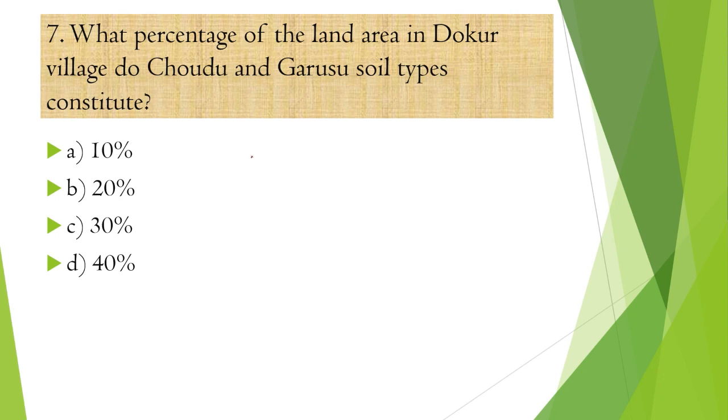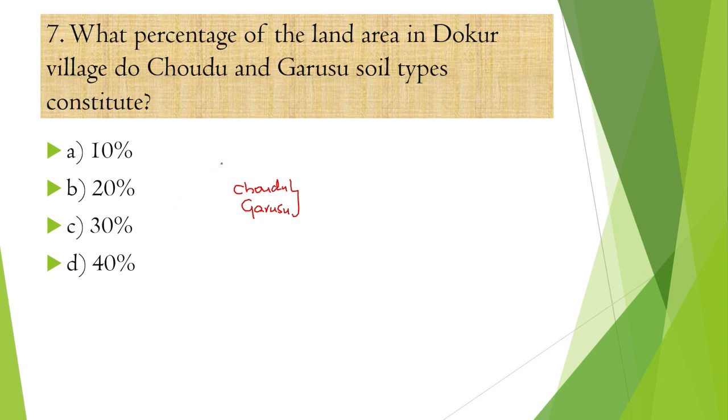Seventh one. What percentage of the land area in Dokur village do Chaudu and Garisu soil types constitute? How much percentage of the land consists of Chaudu and Garisu in this village?